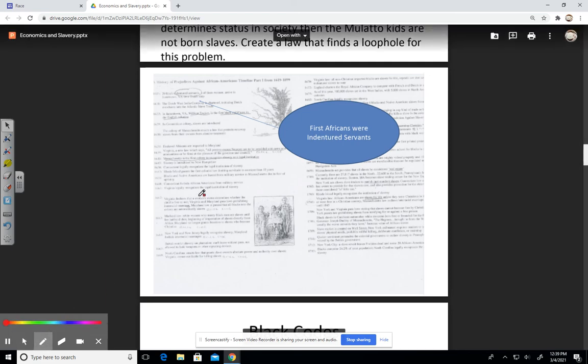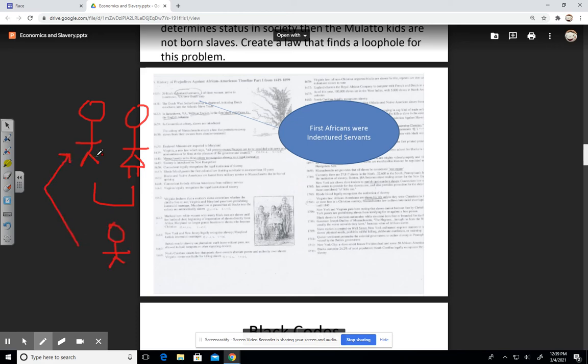But the reason why I'm bringing that up is when we look at the slave codes, one that is very telling for society: when a man and a woman in the 1600s have a child, the child's social status is determined by the male. The slave codes are interesting and significant because if this is a slave woman and this is the slave master, and they engage in a sexual act that produces a child, the question here is, what is this child?